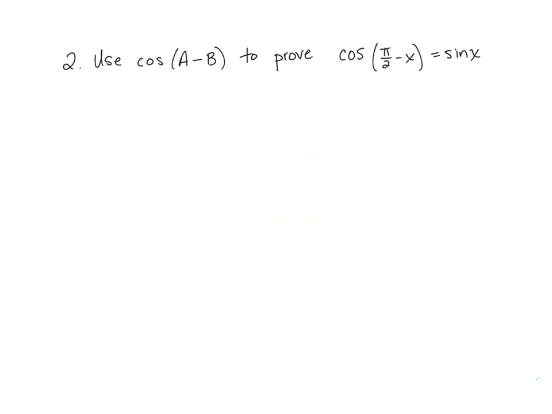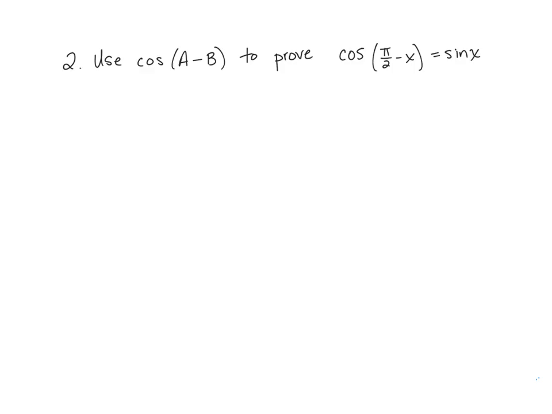So we know, looking at cos of pi by 2 minus x is equal to sine x. We proved that already using our complementary angle identities, and we provided a geometric proof for that. We can also use our knowledge of cos A minus B to help us prove this. So again, let's go through using our knowledge.